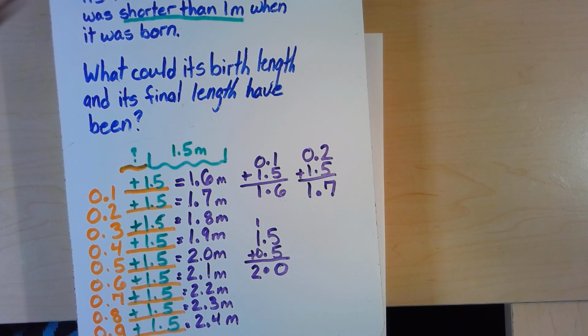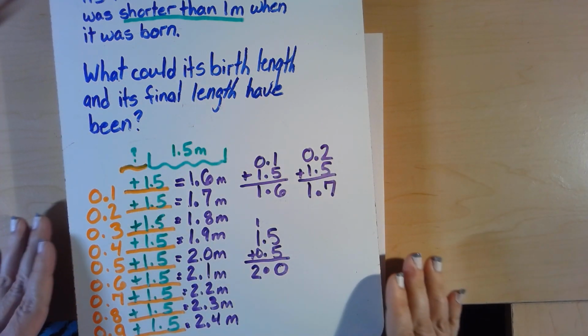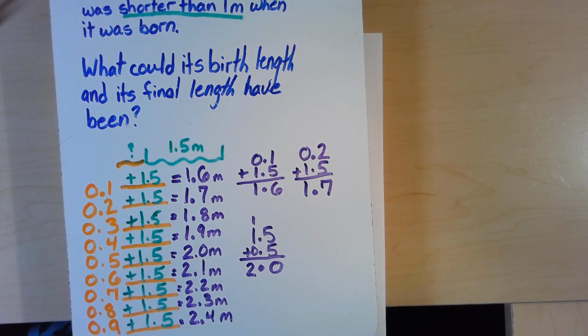So the question was, what could the snake's birth length and its final length have been? If a snake was born at 1/10 of a meter, over its lifetime it would be 1 and 6/10 of a meter.